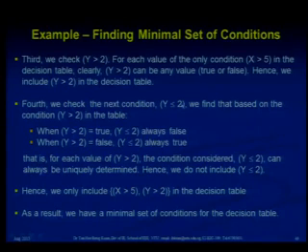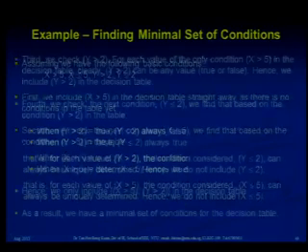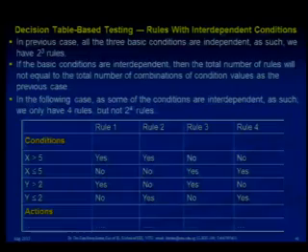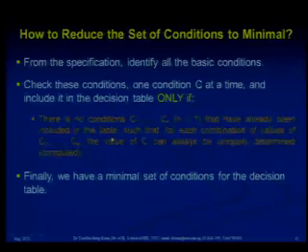That means y less than or equal to 2 is derivable from a condition in the decision table, so we will eliminate it. At the end we only include 2 conditions instead of 4 conditions.